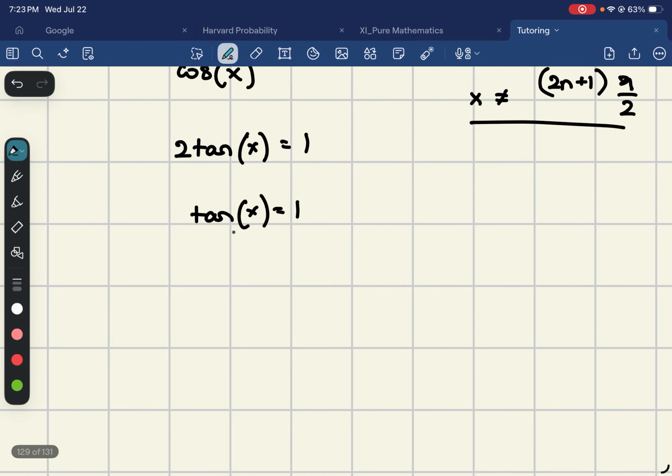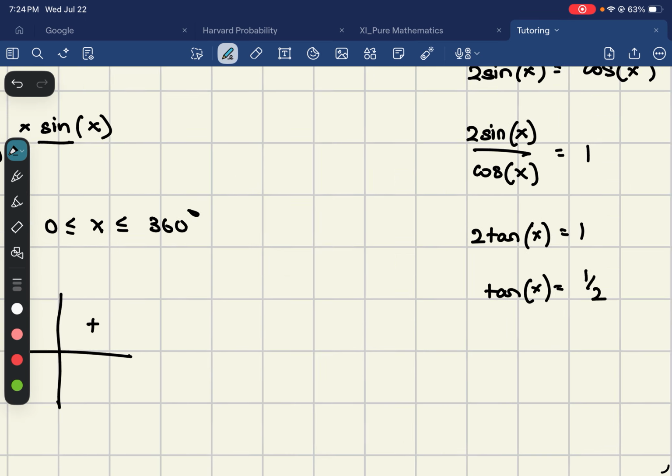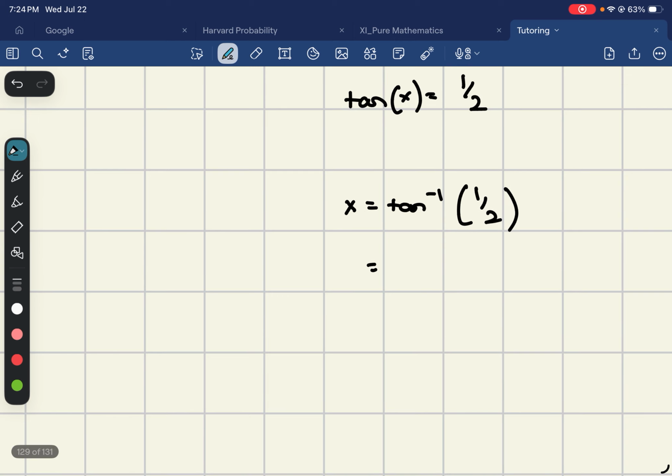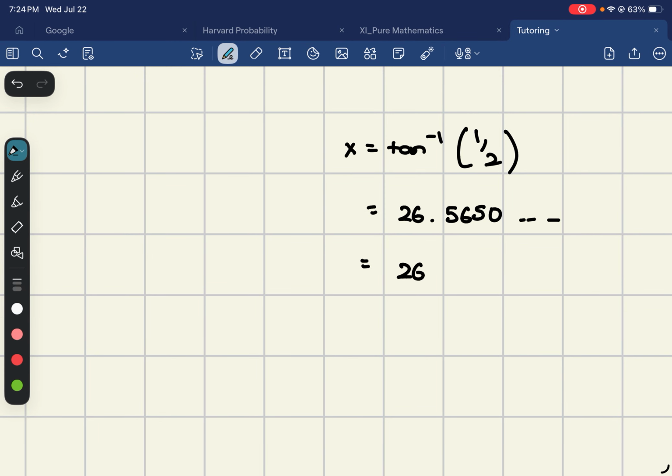All right, so we are solving for tan x is equal to 1 over 2. So x is going to be tan inverse of 1 over 2, and that gives you x equal to, in degrees, because we're working with degrees, I believe, tan inverse of 0.5 is 26.5650... And for degrees, we're working to one decimal place, if you remember.